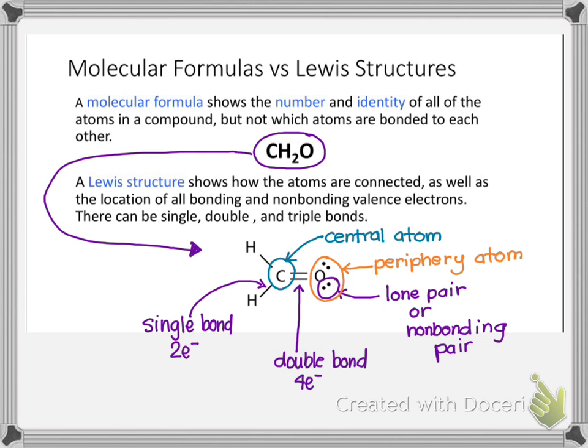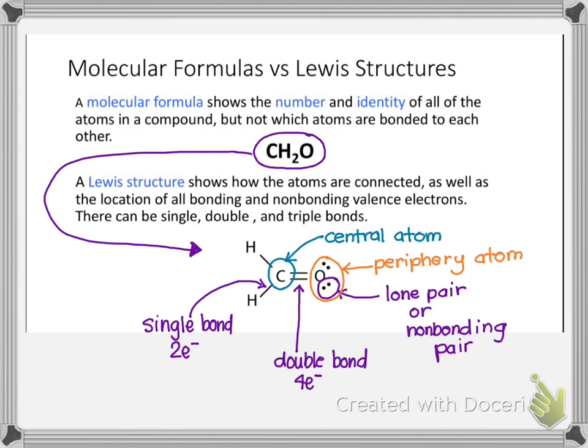Okay, so if you see that word, that's just what it means, on the outside. And you might have already known that, but you know me, I don't want us to pass by words that not everybody understands. Okay, so let's see the steps to draw a Lewis structure from a molecular formula, and then we'll do several examples.